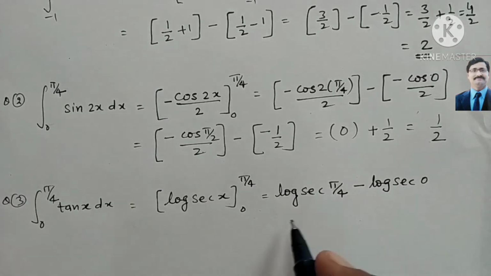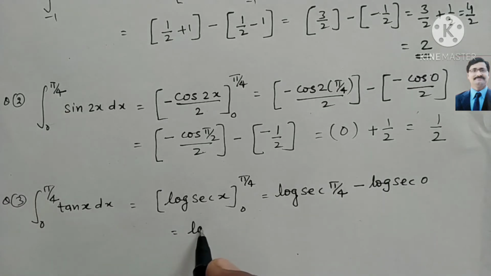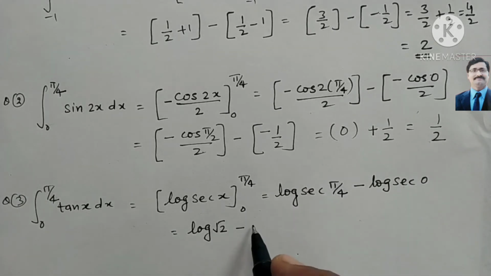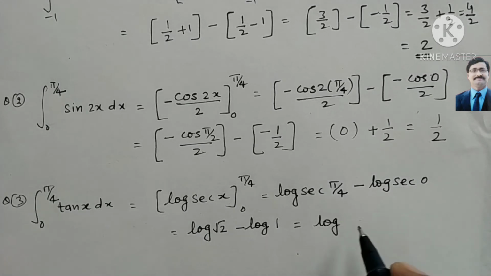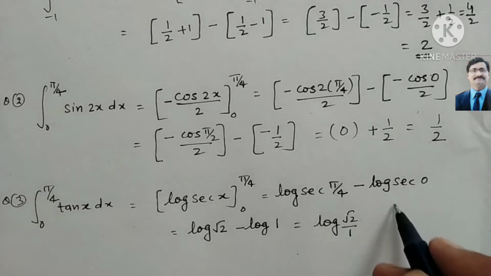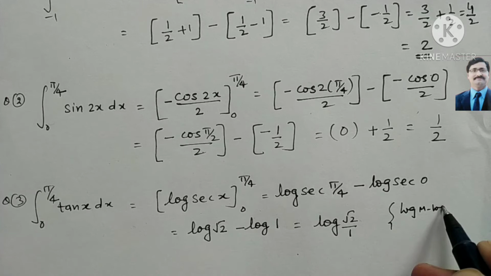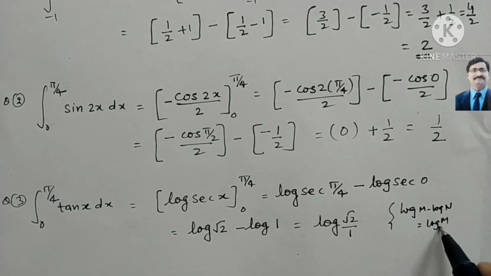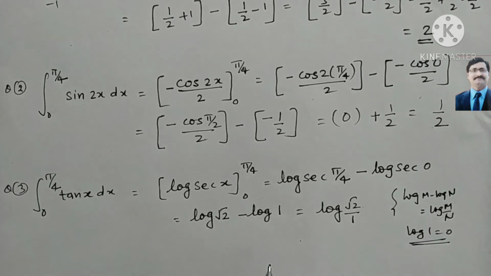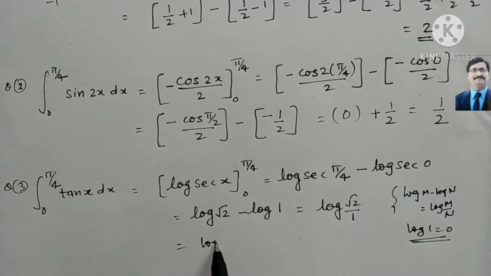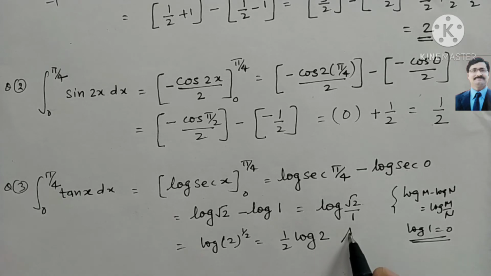And look here, sec 45 degrees is root 2, and sec 0 is 1, so we can write log root 2 upon 1. We know already the formula, log m minus log n equals log m upon n. Or you can say log 1 is 0, so you can also write this. So we get the same answer: log 2 to the power 1 upon 2, and we can write 1 upon 2 log 2. So this is our answer.